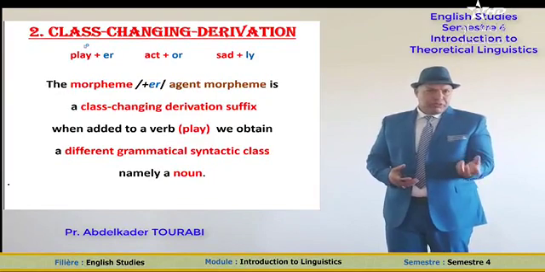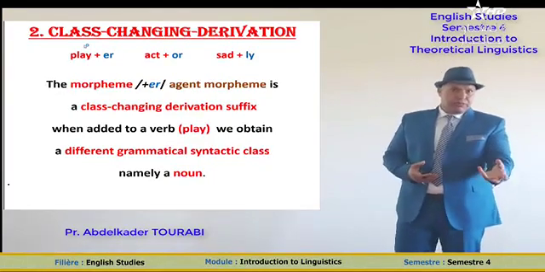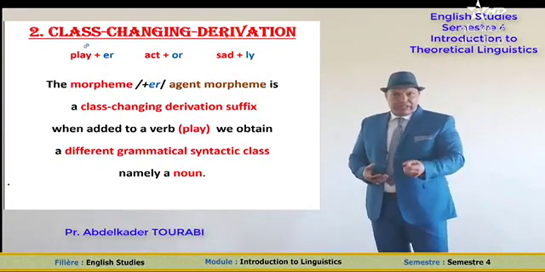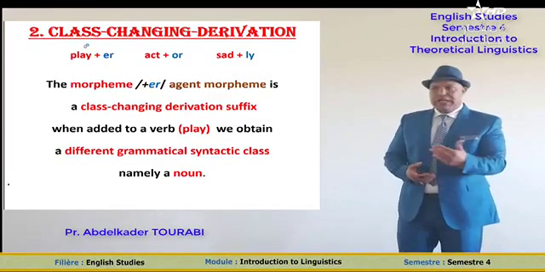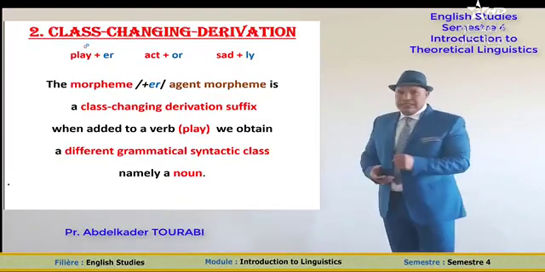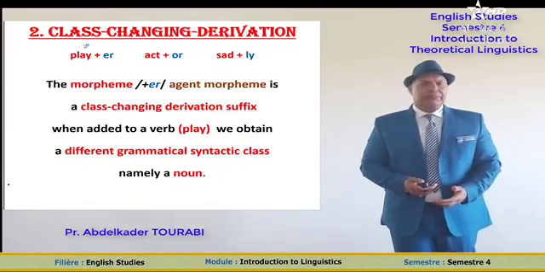When we add ER to a verb, it gives us a noun. Act as a verb gives us actor, a noun. And the third one, sad, which is an adjective. When we add ly to it, it gives us another category, which is adverbs, and we have sadly.